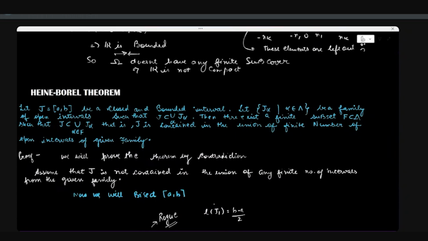Then we will apply the standard method of bisecting our interval, and we will see some interesting properties of the intervals we pick. Then we will apply our favorite theorem that I have discussed above, and we will get a contradiction. So our supposition will be wrong and we will reach the conclusion, the proof of the theorem.